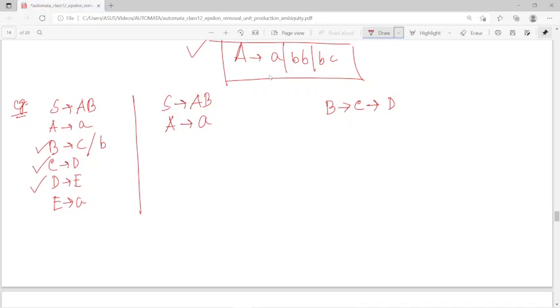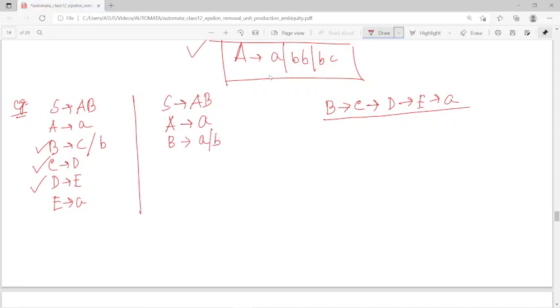So from B to C, C to D, D to E, and from E to A we are getting a, right. So from B, if we replace B to C, then we can write another rule. That means we can generate a, and already b is there.